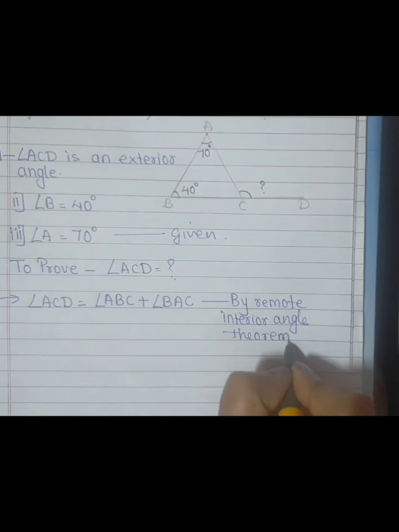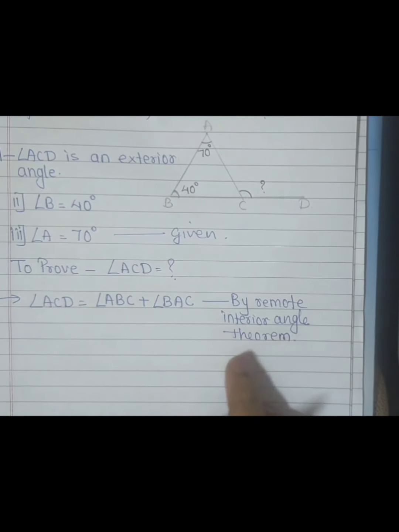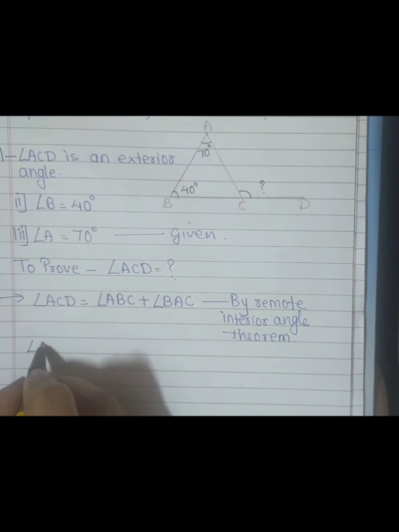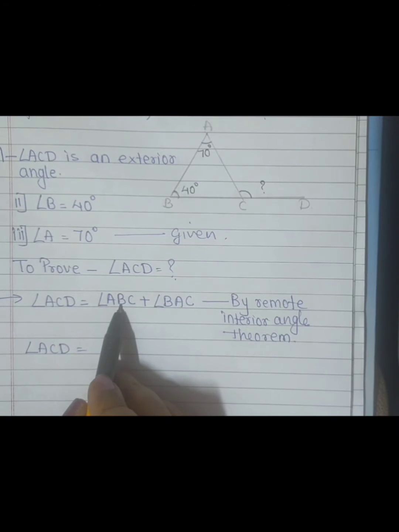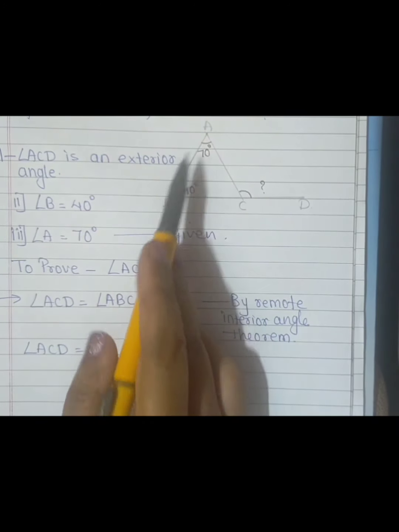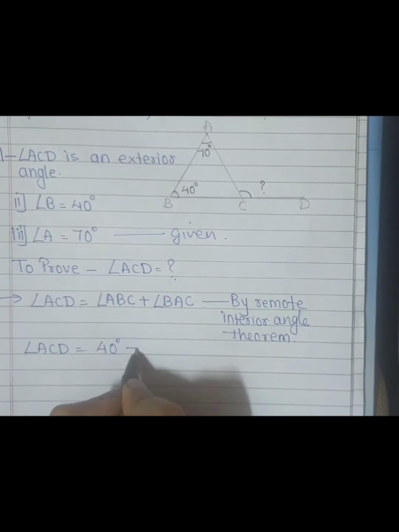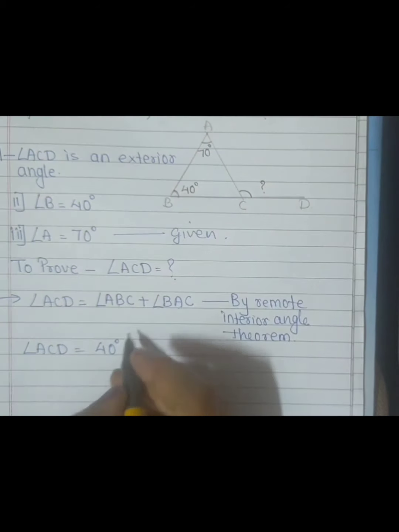Okay, this we have already proved by remote interior angle theorem. Now angle ACD we have to find. So angle B is given how much? Angle ABC. So B is given 40 degree. Okay, plus angle A is given 70 degree.